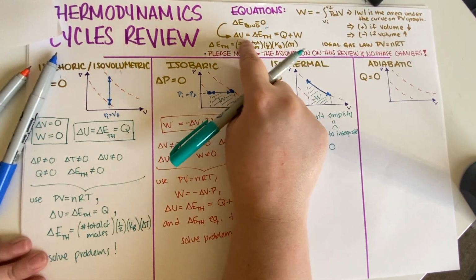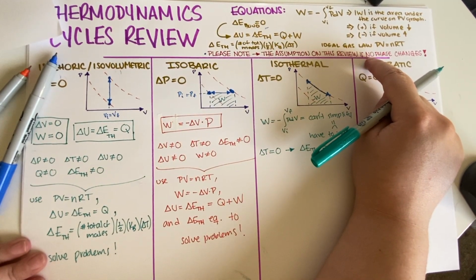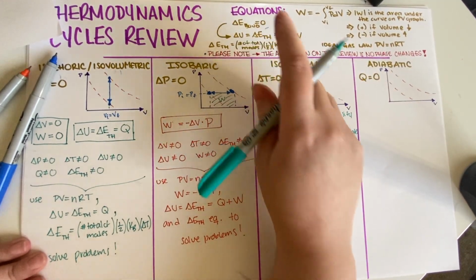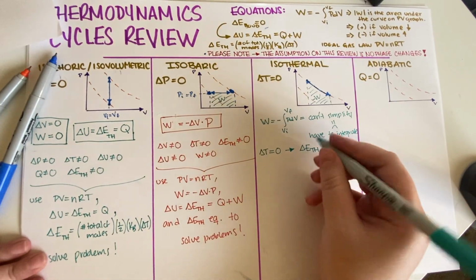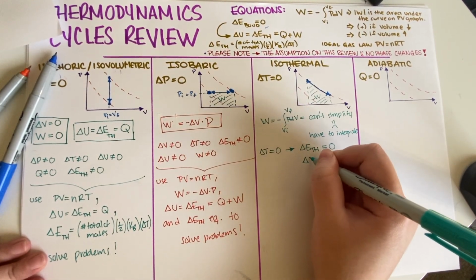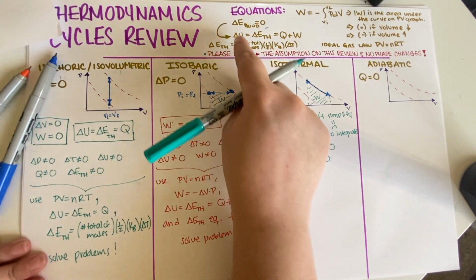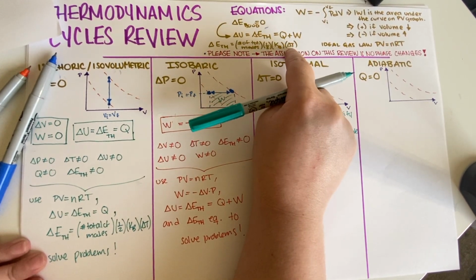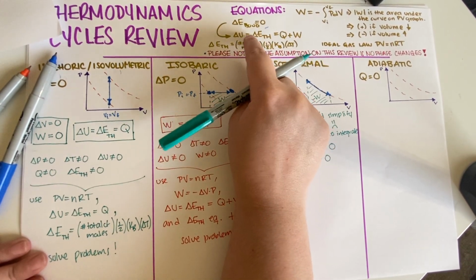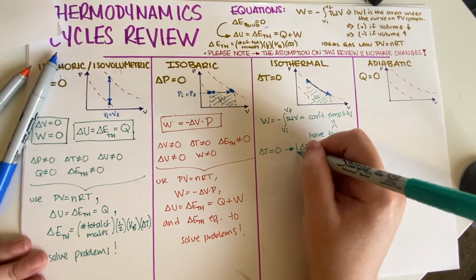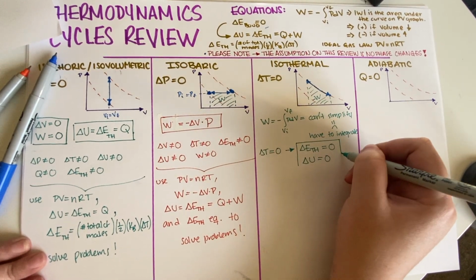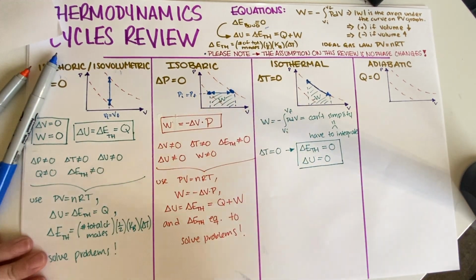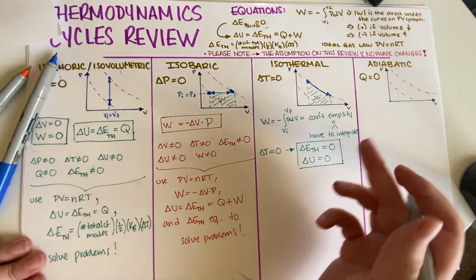And again, assuming that there is no change in E bond, no phase changes, that also simplifies the internal energy to being equal to 0, because internal energy is equal to thermal energy. If thermal is 0, delta U is 0. So I love this simplification. Love it. Now everything else is not equal to 0.